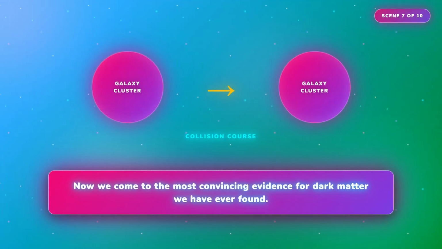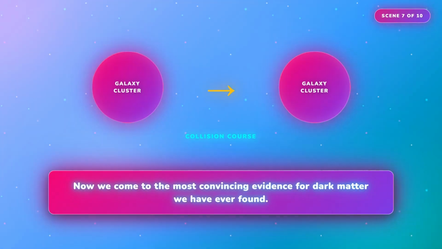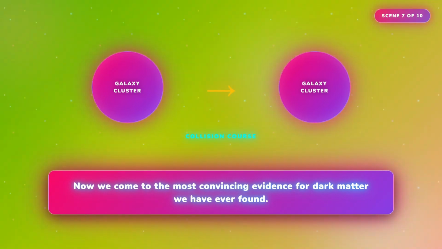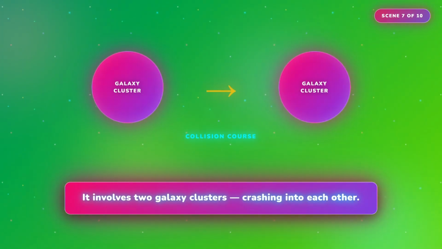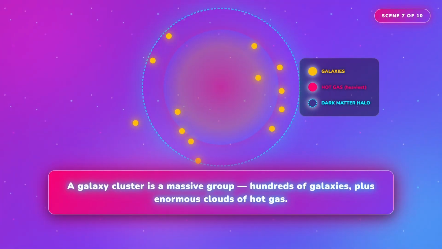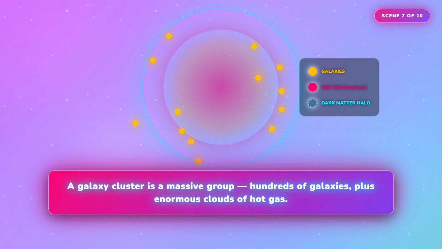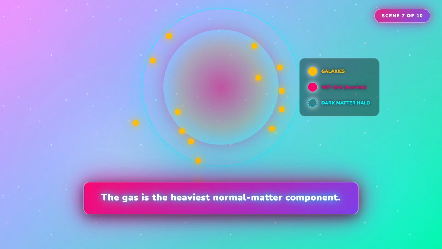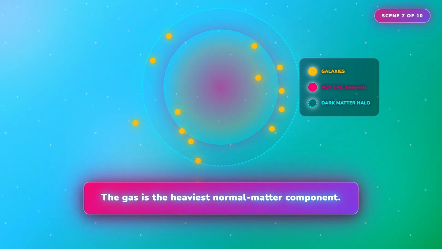Now we come to the most convincing evidence for dark matter we have ever found. It involves two galaxy clusters crashing into each other. A galaxy cluster is a massive group, hundreds of galaxies, plus enormous clouds of hot gas. The gas is the heaviest normal matter component.